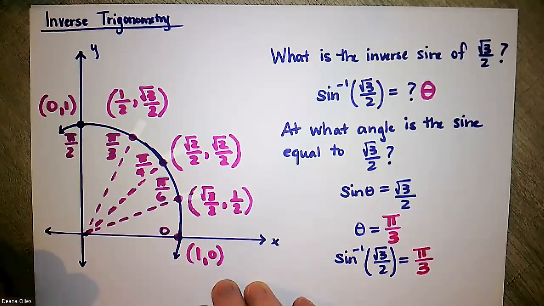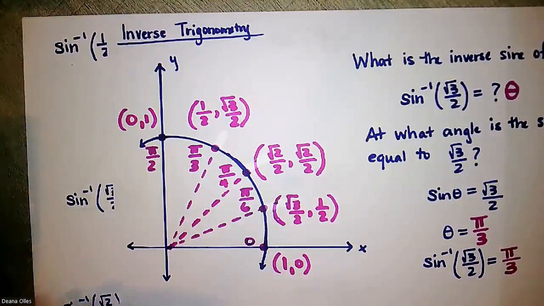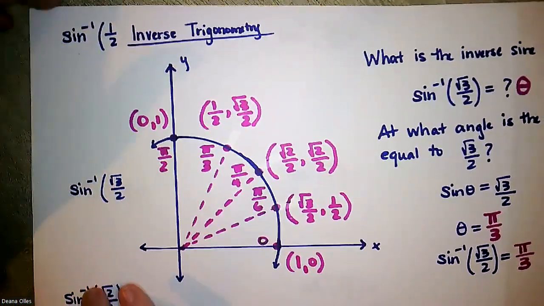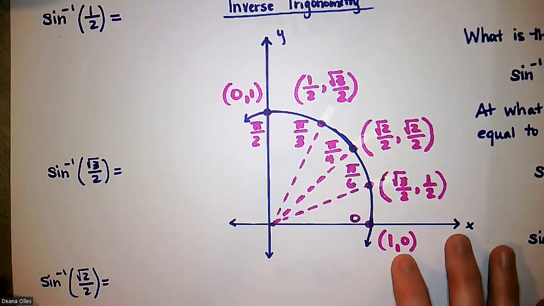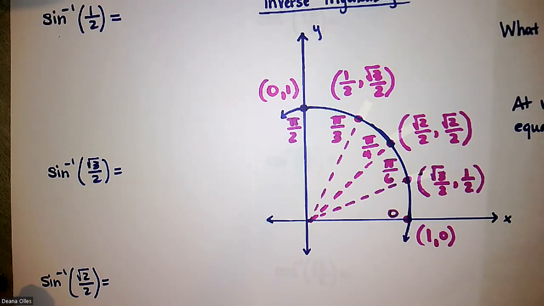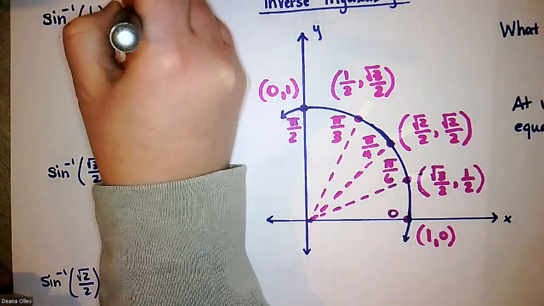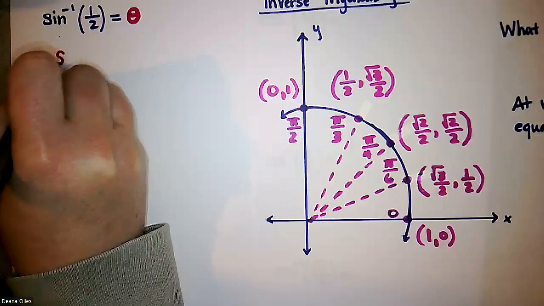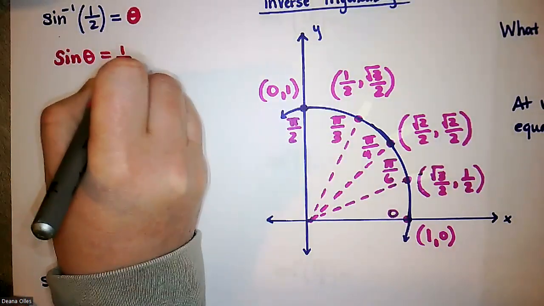So if I want to ask for, and I'll leave this up here for a minute. I do have a bleed through paper though, because the markers that I have left are a little bit heavy. Okay, so I'm going to leave my unit circle up here and let's go ahead and look at the inverse sines of these three ratios. So essentially, again, what I'm looking for is what is the angle theta where the sine of theta is equal to 1/2.